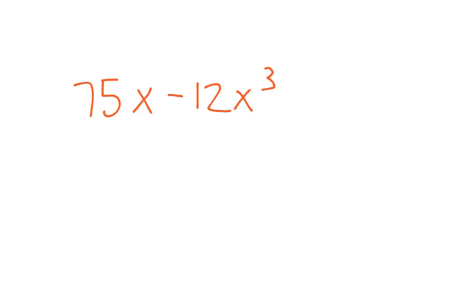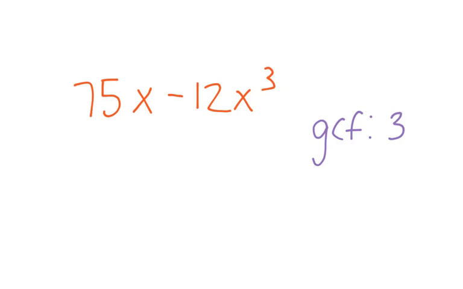I can't do this one. Not factorable or something like that. But if we look at it, 75 and 12 does have a GCF. I can factor out 3 from each of those.